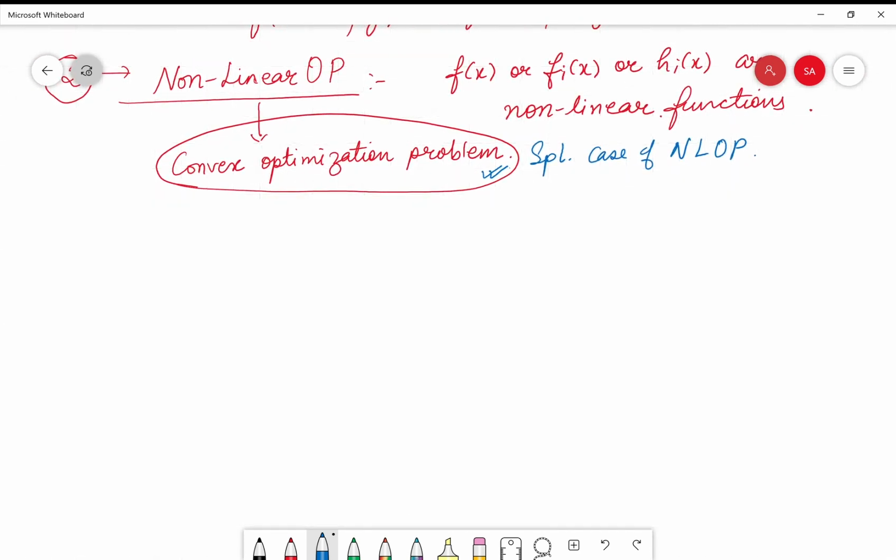Now let me give you some more highlights into how we define certain terminologies in an optimization problem. Coming back to the optimization problem, we are trying to minimize a function f of x subject to certain constraints fi of x, and hi of x equal to 0.